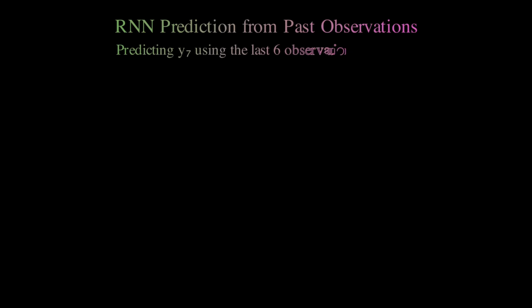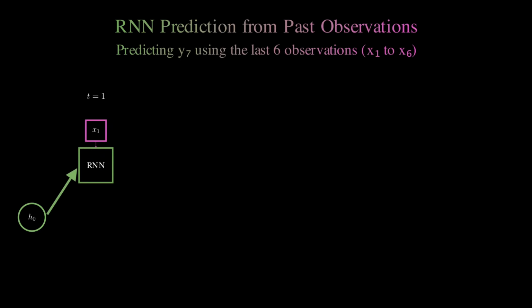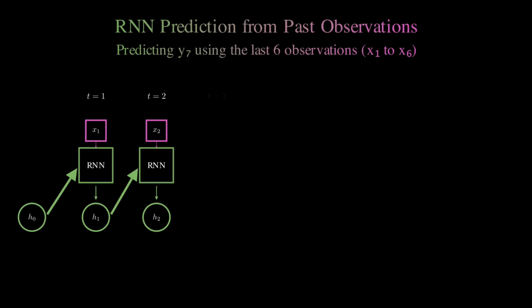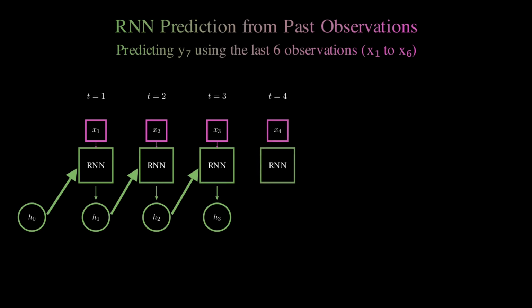In this animation, the recurrent neural network unfolds over several time steps, but this time we're doing something slightly different. Instead of producing an output at every step, the network will only generate an output after the 7th observation. That's because we're trying to predict the future price of a stock using information from the past 6 days.